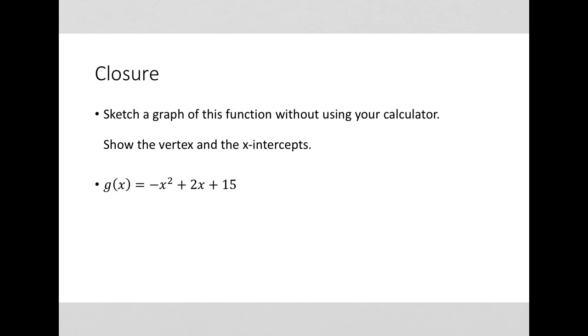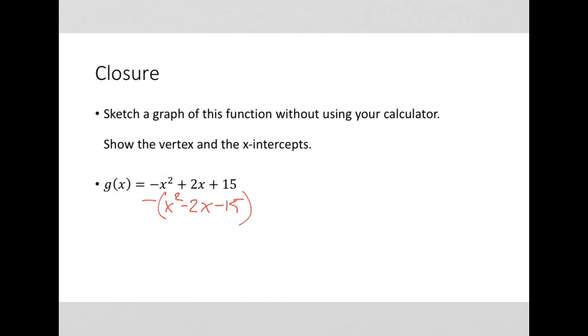Sweet! Last thing, let's sketch the graph of this function without using a calculator. And I want to show the vertex and the x-intercepts. So let's factor out that negative. Let's get negative x squared minus 2x minus 15. What are the factors of negative 15 that add to give me negative 2? Well, I can do that in my head pretty quickly.